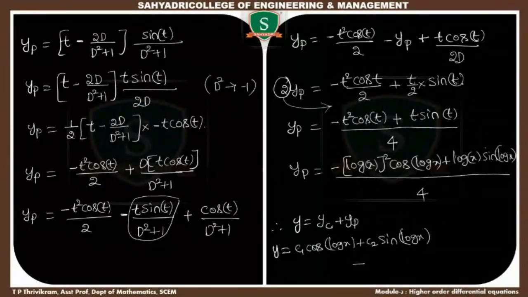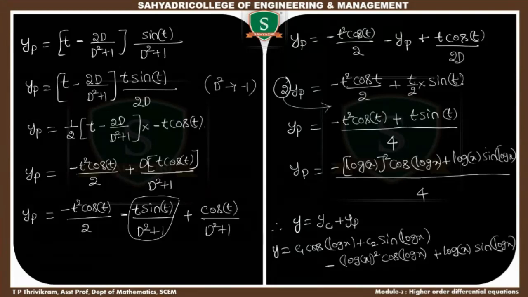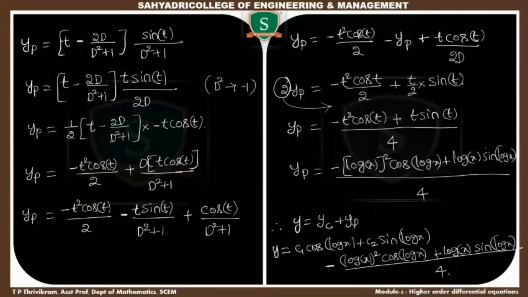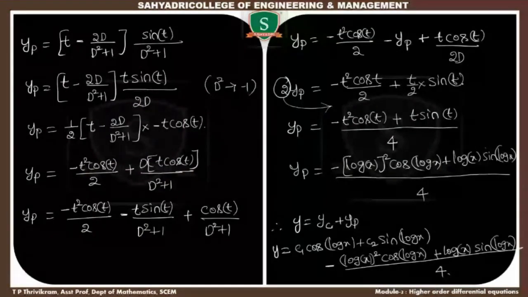So minus log x whole square cos log x plus log x sin log x, whole divided by 4. If you want, you can keep a bracket here like this.